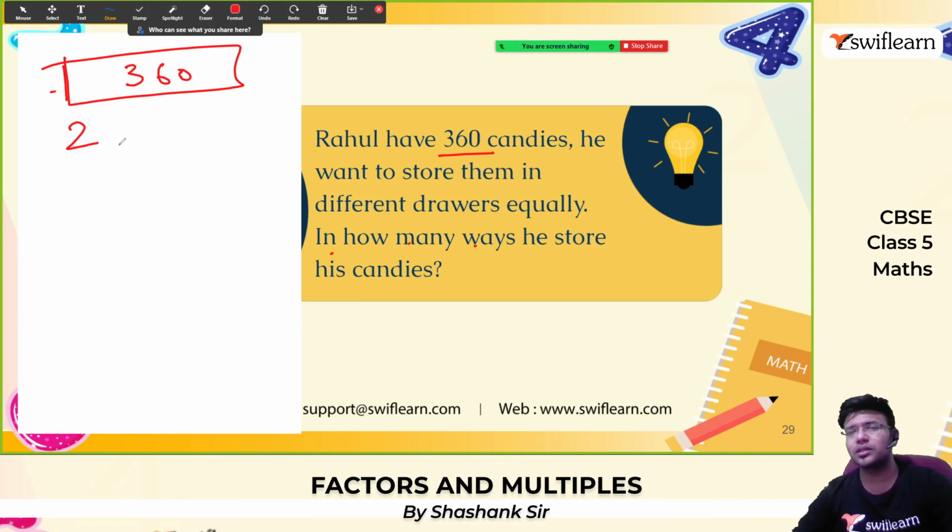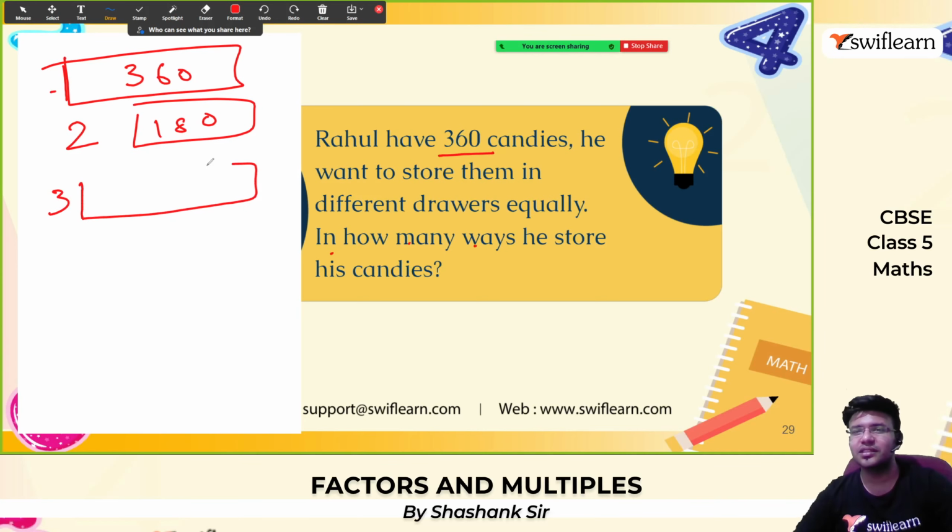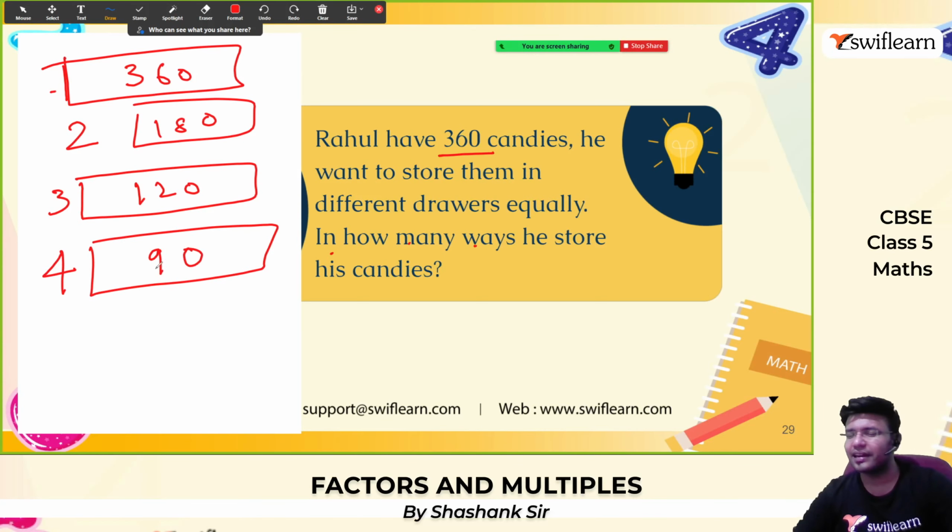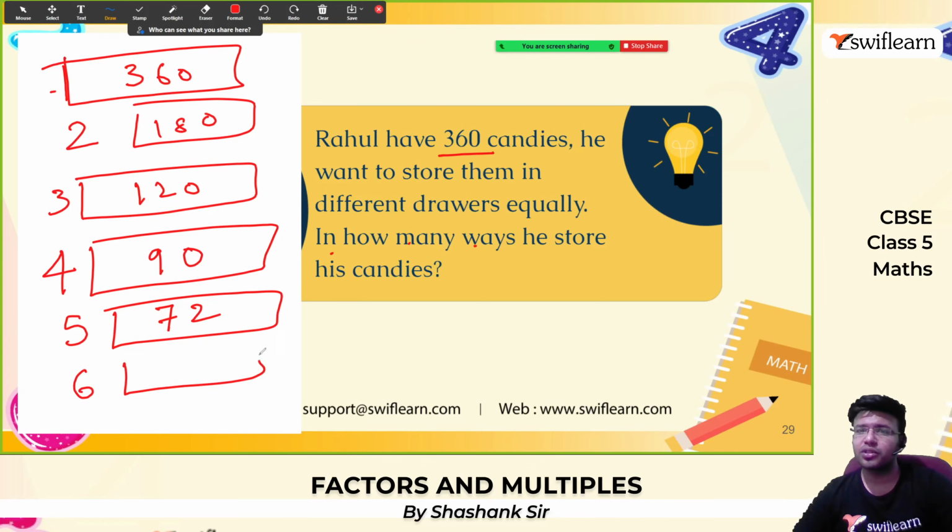In 2 drawers, he can place 180, 180. In 3 drawers, he can place 120, 120, 120 chocolates. In 4 drawers, he can place 90, 90, 90, 90. In 5 drawers, he can place 72, 72, 72. In 6 drawers, he can place 60, 60, 60.